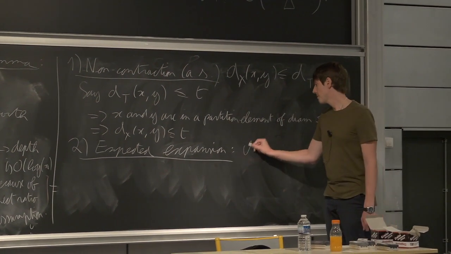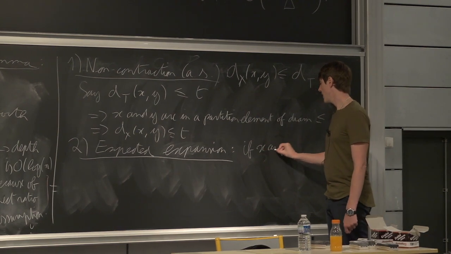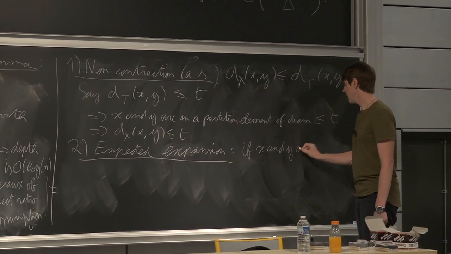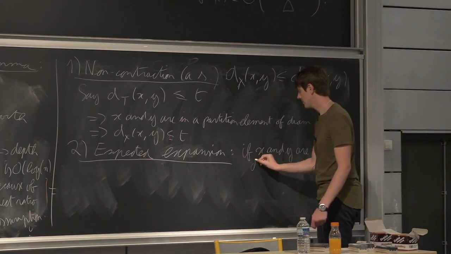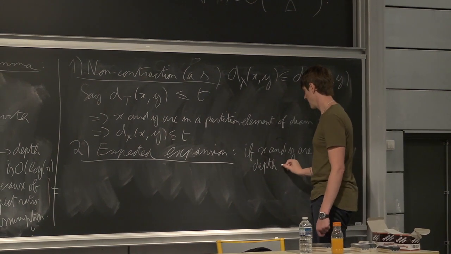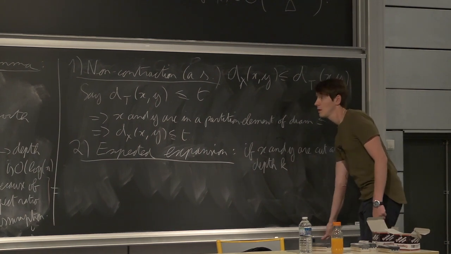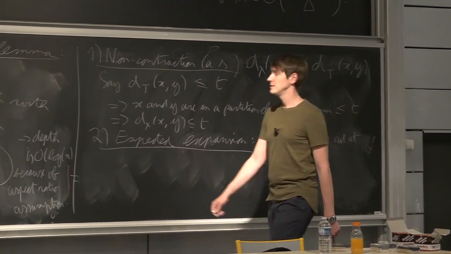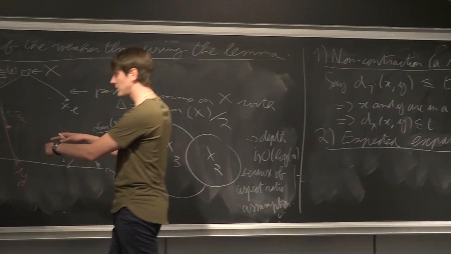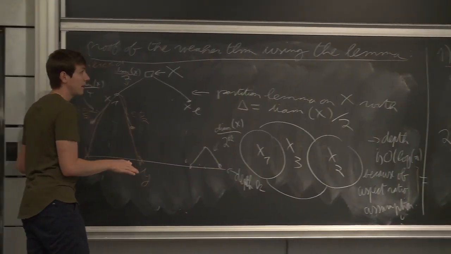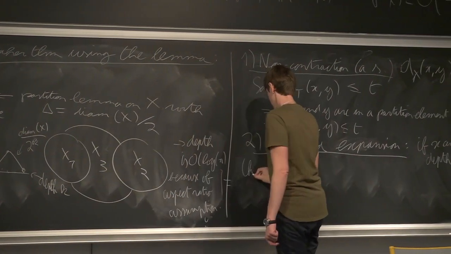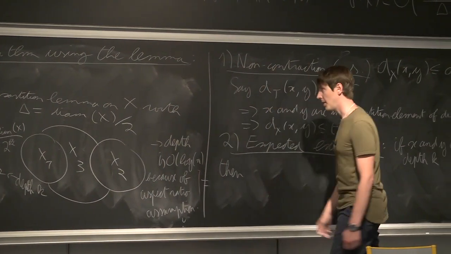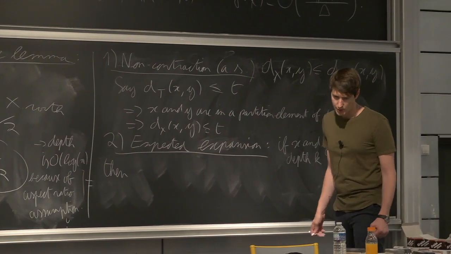So if x and y are cut at depth k, if these two points become separated at a certain level, then what do I know? Why do I say it like this?